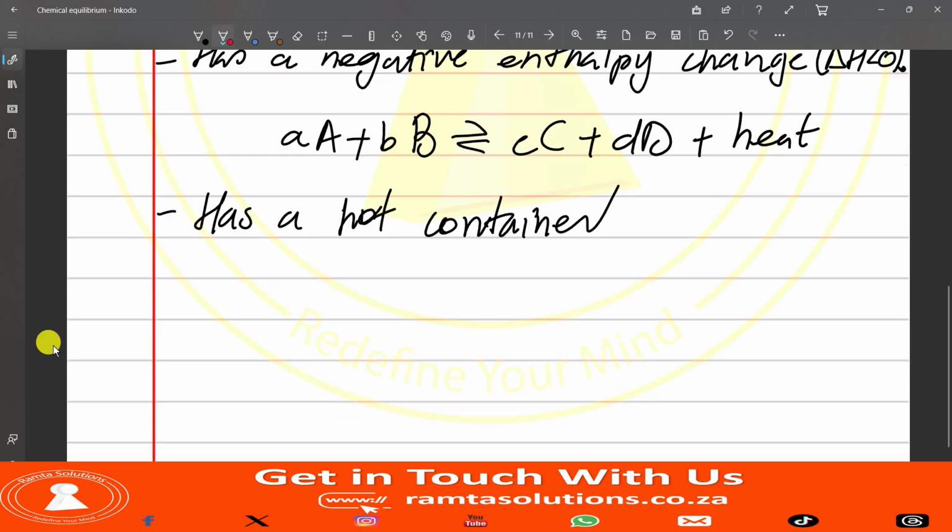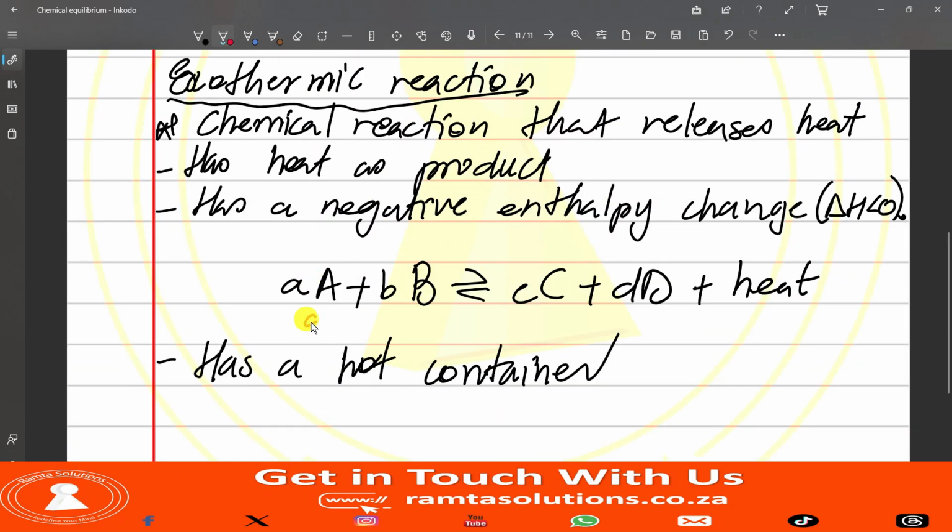For exothermic, we can say A reacting with B, reversible reaction, C and D, comma, delta H being negative. So these are the things we need.